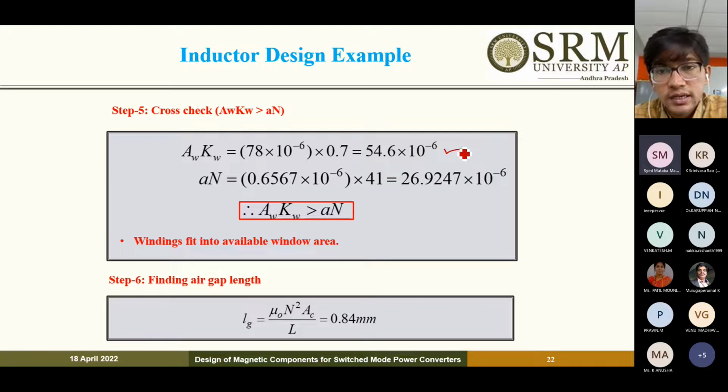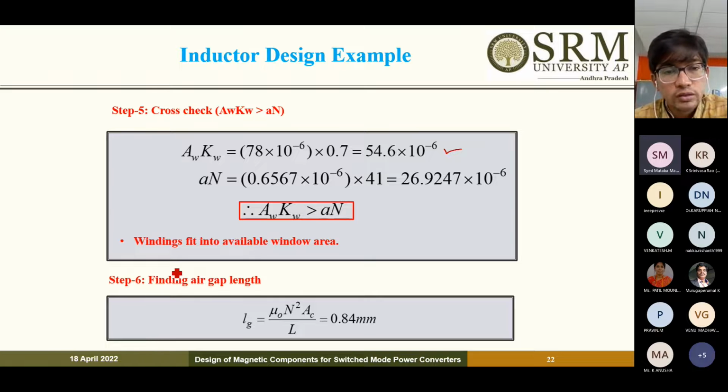If you see, AW KW is greater than AN. That means whatever design we have done is the proper design. Therefore, the number of turns and gauge wire obtained from the inductor design will fit into the design.